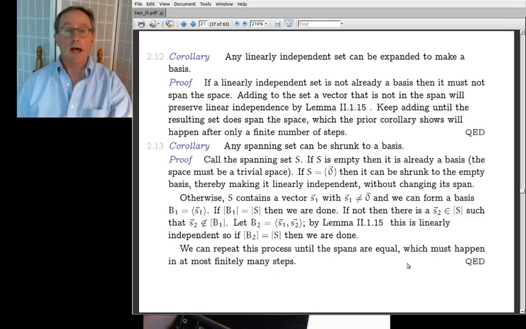And the flip of that is that any spanning set can be shrunk to a basis. Again, you don't need to worry there. You call the spanning set S. If S is empty, then S already has a basis. If S just consists of the 0 vector, then it can be shrunk to the empty basis without changing the span. The technicality is that the empty basis is linearly independent. Otherwise, S contains a vector that's non-zero, and we can form a basis that consists just of lowercase s.